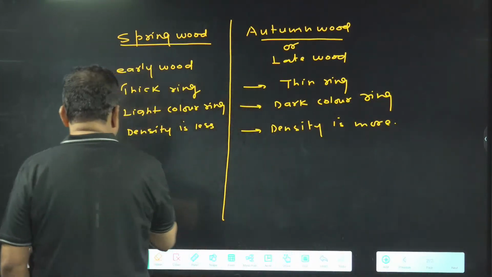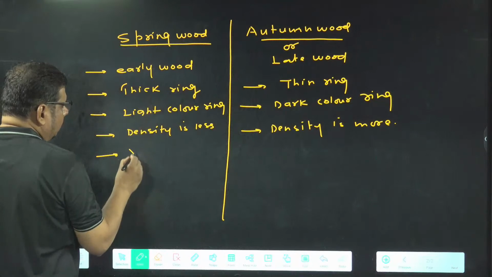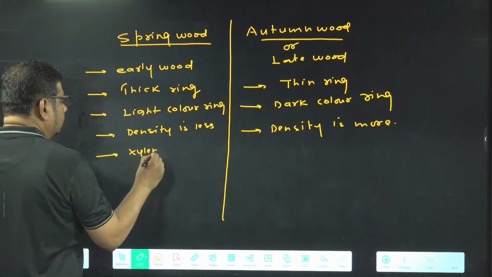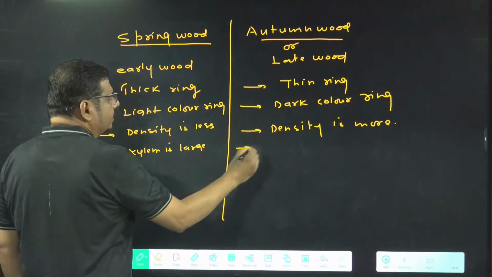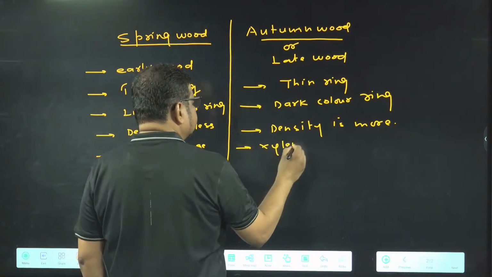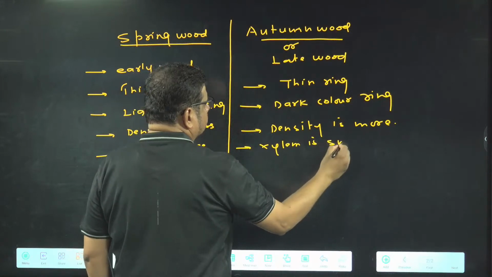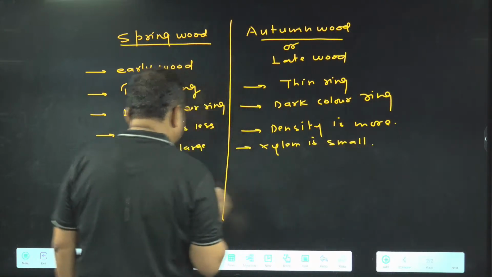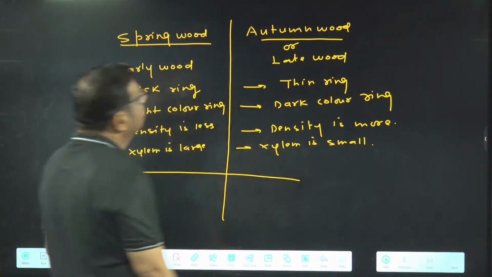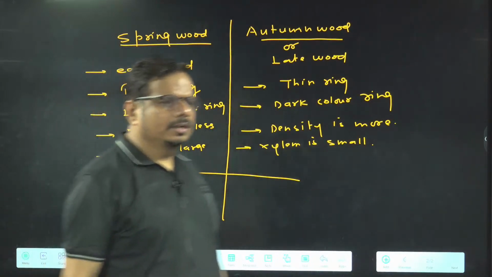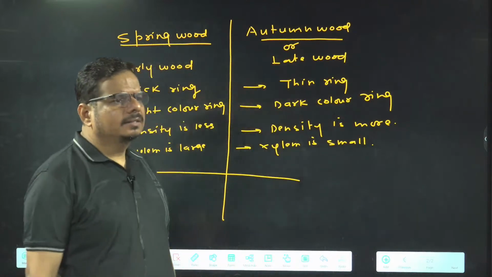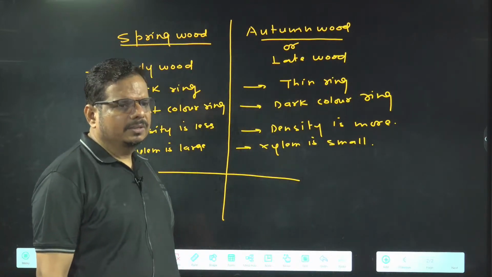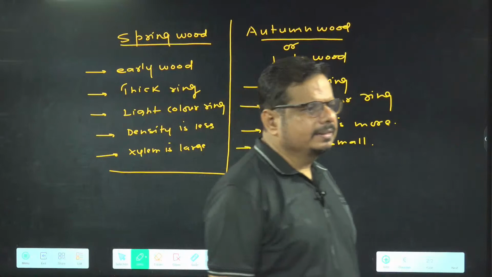If you talk about spring wood, xylem is large. And here, xylem is small. So these are some basic differences between spring wood and autumn wood. Keep in your mind. Getting the things or not? These are some of the differences.